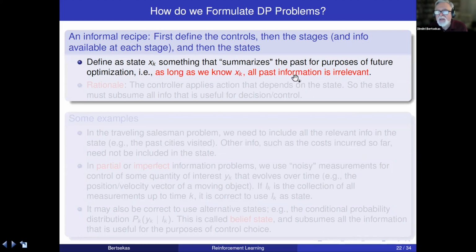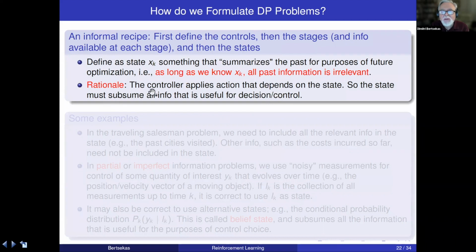Whatever happened in the past is not relevant for the purposes of future optimization. And the rationale for this is that the controller applies action that depends on the state. So we should include in the state all the information that's useful. And that's something that makes sense.